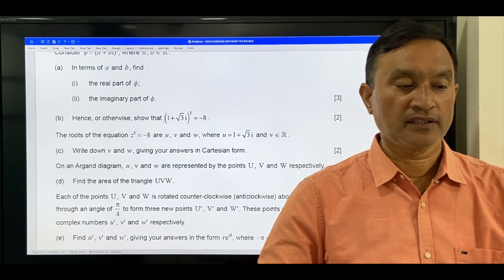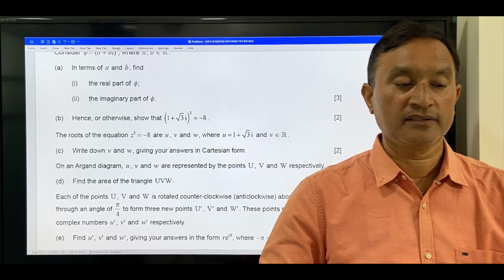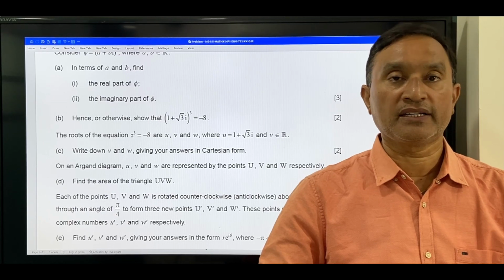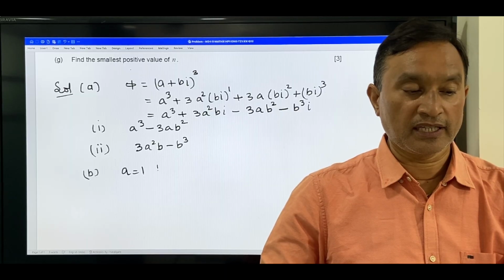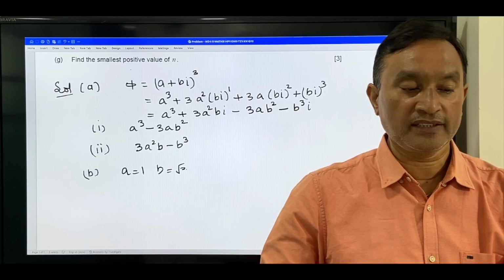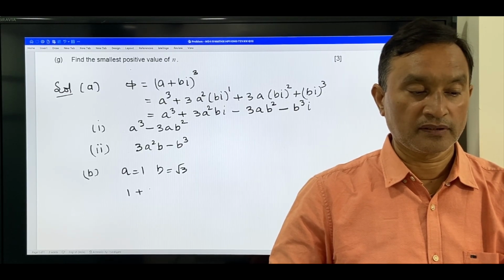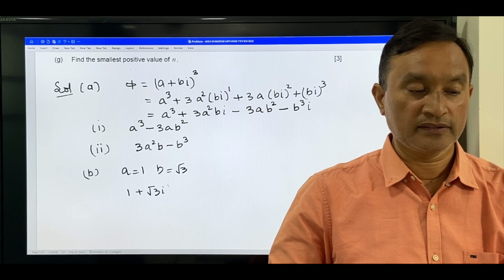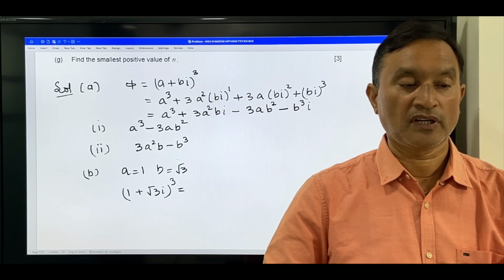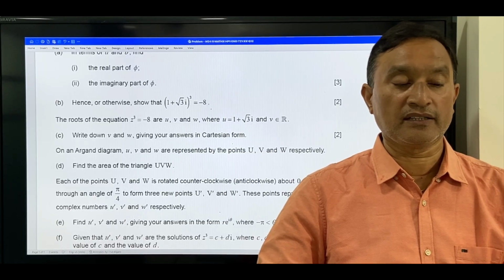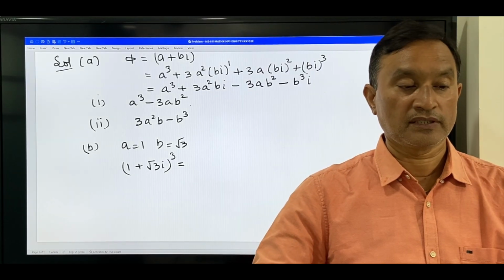Hence or otherwise show that (1 plus root 3i) whole cube equals minus 8. So now we will put a equals 1 and b equals root 3. So (1 plus root 3i) whole cube equals, and as the answer is real, we will directly substitute in the real result.